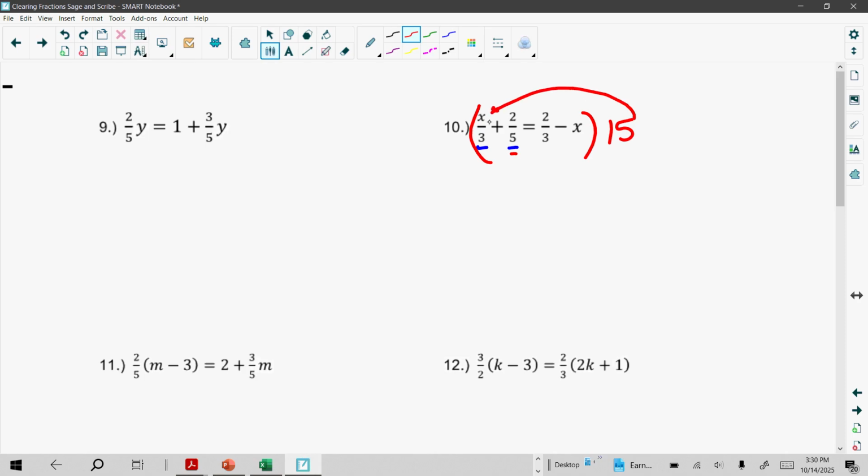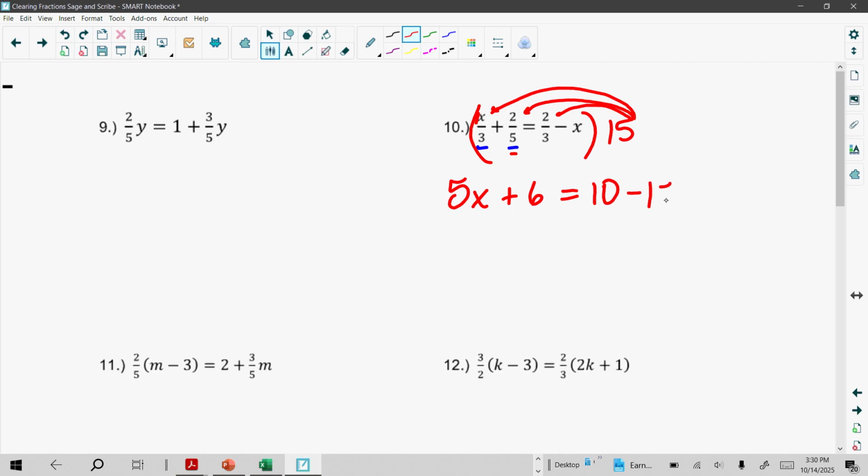15 times this, like the invisible 1/3 x, would give me 5x here. 15 times 2/15. Make sure that's right, that's 5. This would give me plus 6. Then my equal sign. Then I'm doing 15 times 2/3. You can go 15 5 times, so this is 10.